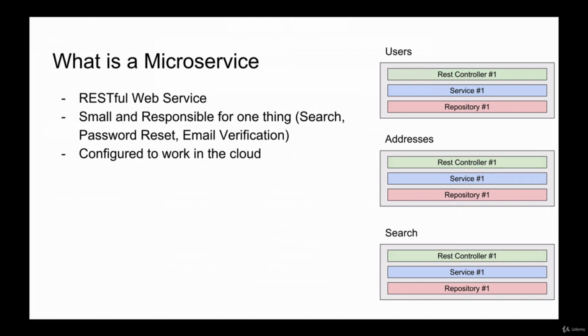So if we come back to a question of what is a microservice, then these points which we have discussed in one of the previous slides should now make much more sense. A microservice is a small and a fine-grained RESTful web service, and when building microservices, you are following a certain architectural style.